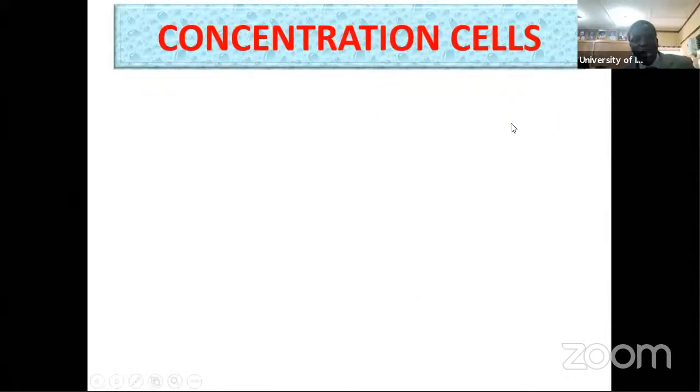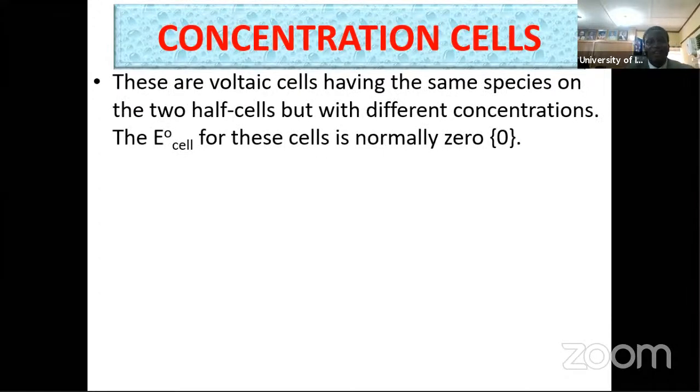Now we go to another part of our lecture after leaving the Nernst equation, and that is concentration cells. Concentration cells are cells where you have the same species at the reactant side and the same species at the product side.